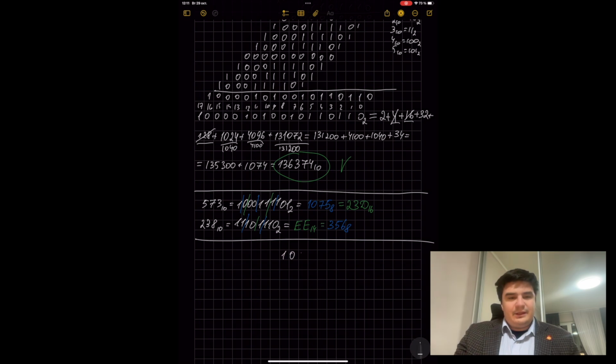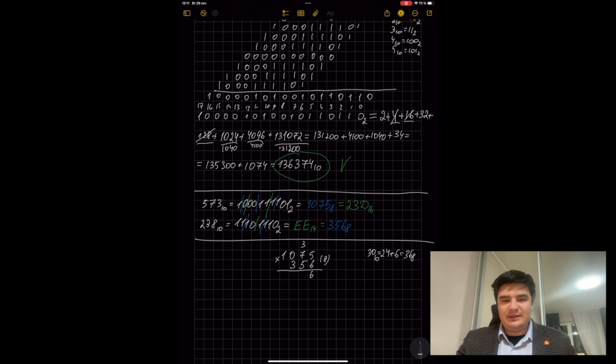Let's perform the multiplication in the octal system. First, we'll start by multiplying 5 by 6. In decimal, this gives 30. But since we are working in octal, we need to convert 30 to octal. This results in 36, since 30 equals 3 times 8 plus 6. So we write down 6 and carry over 3 to the next column.